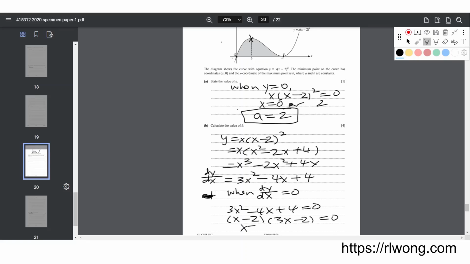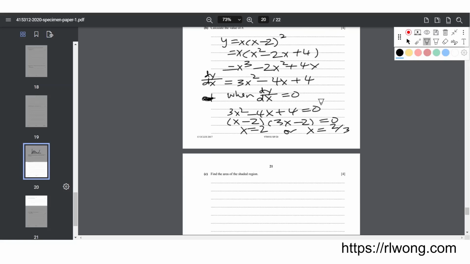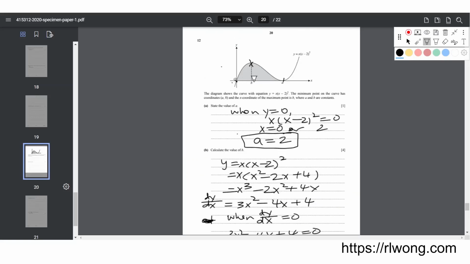So you have x equals 2 or x equals 2/3. So we know that b is in between 0 and 2. The x-coordinate of a is 2, so therefore you won't take 2 for b. It will be 2/3.